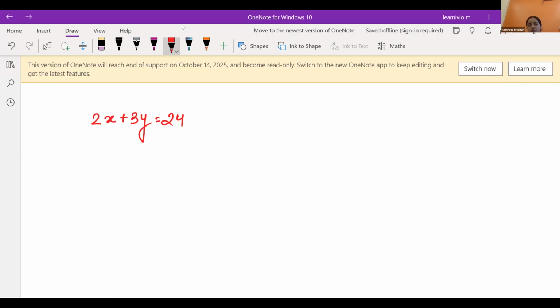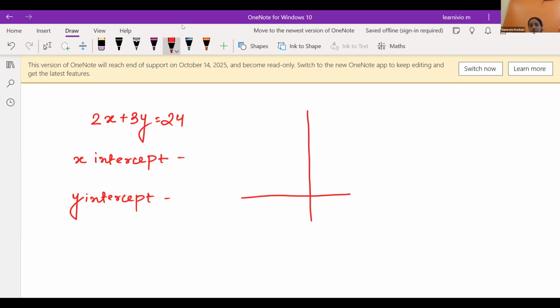Yes. Okay. Now, if I ask you, what is the x-intercept over here? X-intercept. Do you understand what intercept means? And y-intercept? So actually, x-intercept means we will be having the graph of this line 2x plus 3y is equal to 24.